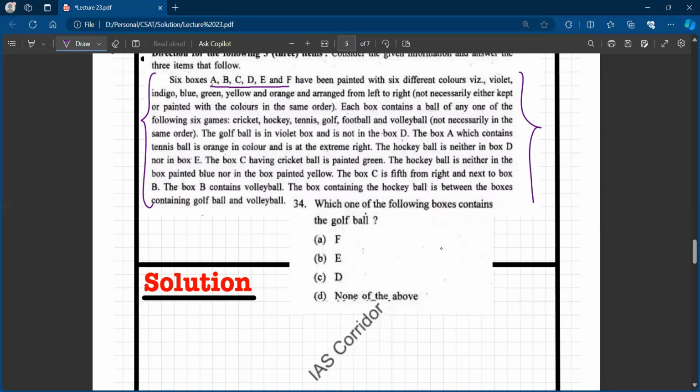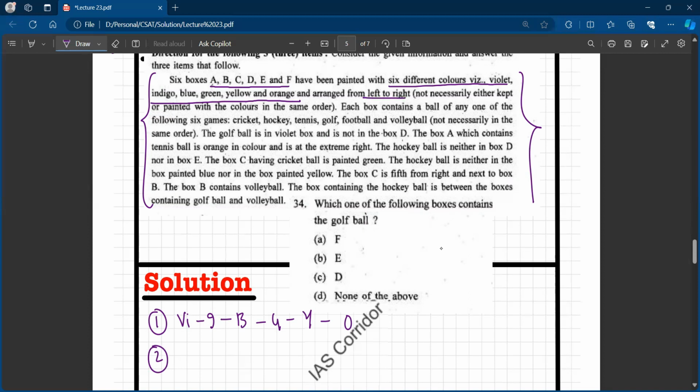6 boxes A, B, C, D, E and F have been painted with 6 different colors, that is violet, indigo, blue, green, yellow and orange. So your first inference from the question is the colors available are violet, indigo, blue, green, yellow and orange. Let us go to the second statement.